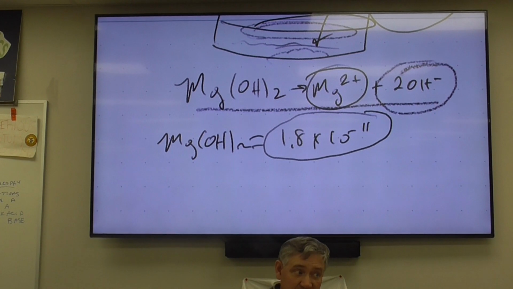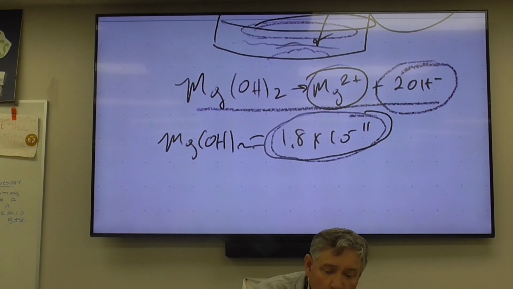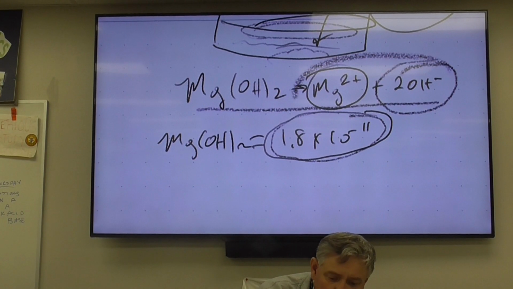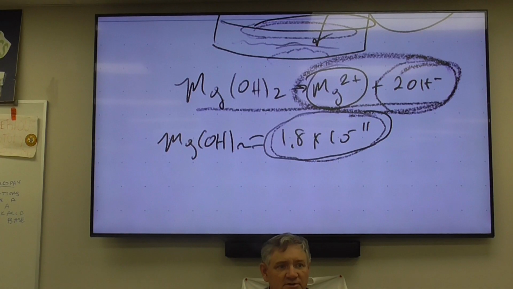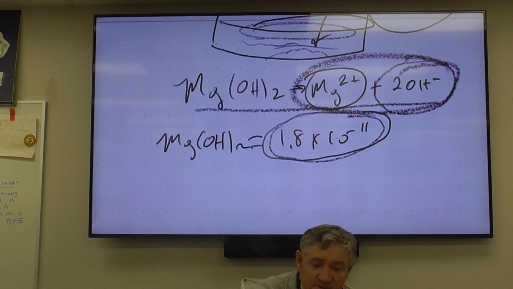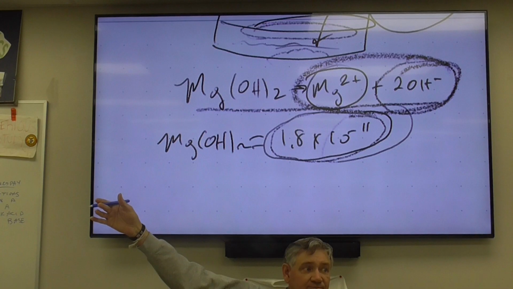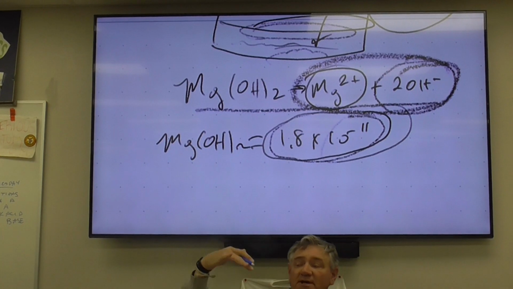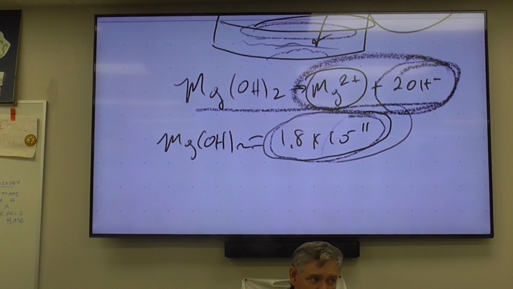So since this is a very small number, when it reaches this equilibrium, what do you know about the concentration of those magnesium ions and those hydroxide ions? Really big, really small? Very, very tiny, because these numbers multiplied together have to equal 10 to the negative 11. So what that tells you is that Mother Nature can't hold very many magnesium ions and hydroxide ions.